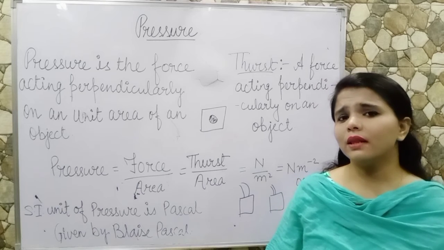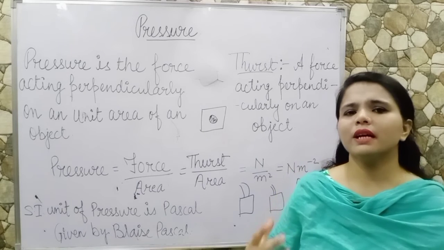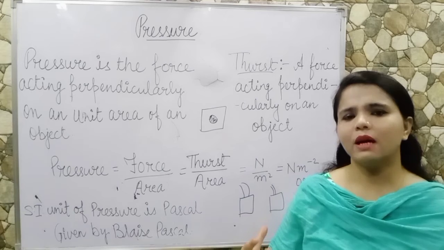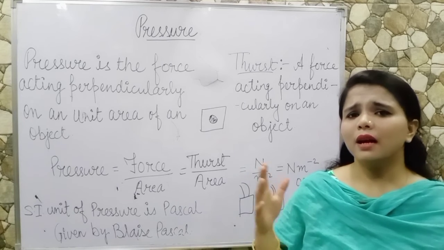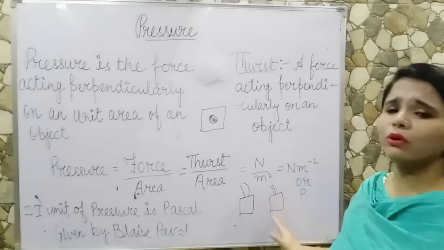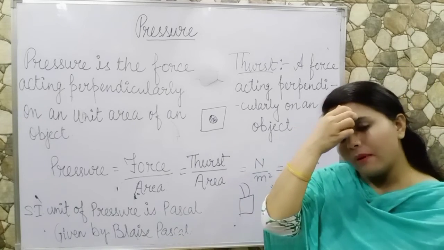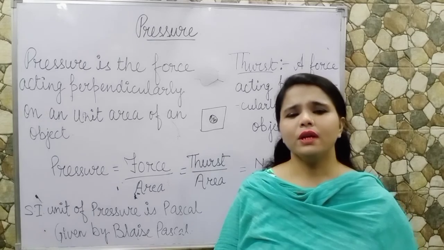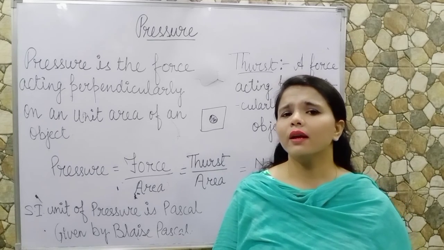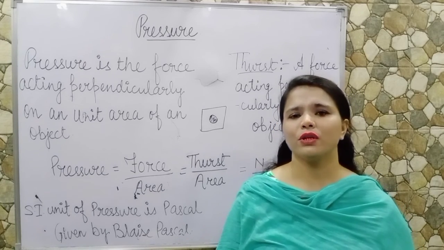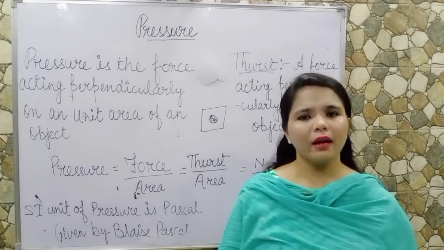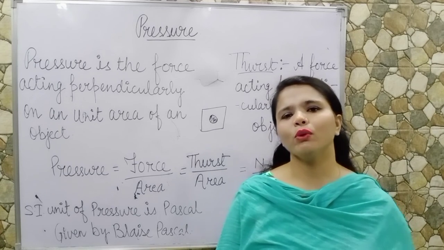Now you see that the bag which has a broad strap has less pressure in comparison to the bag which has a thin strap, because pressure increases with decrease in area and pressure decreases with increase in area. I hope you all got it.